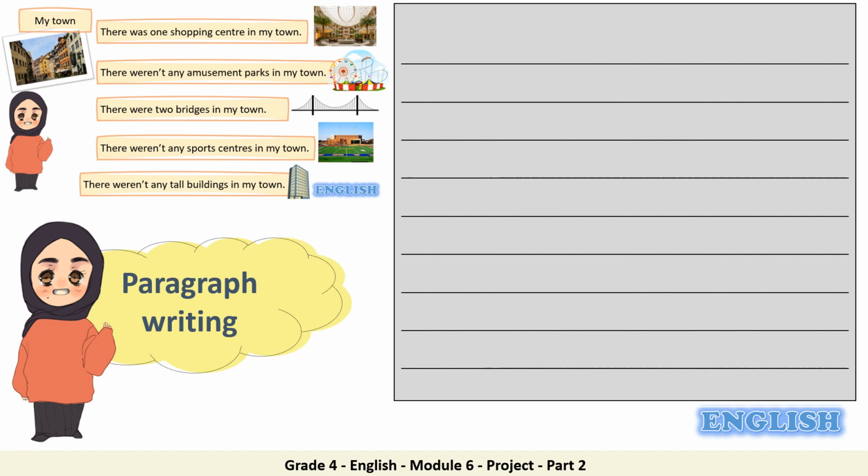Now please follow with me. I will show you how to use the ideas in front of you about my town to make a paragraph. First, we need to write the title. It's my town 50 years ago. Now, we are going to take the sentences and form a paragraph.